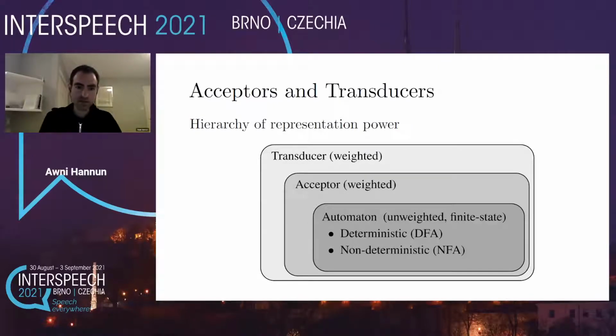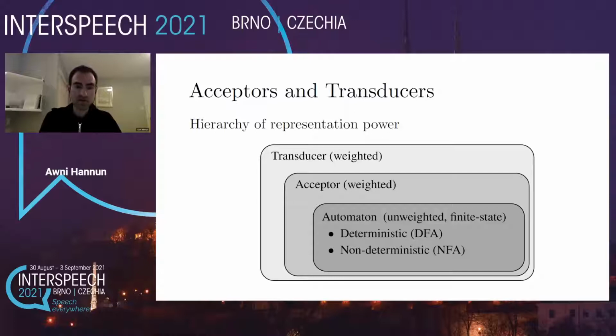So this is a hierarchy of the graphs that we're going to be discussing. This hierarchy is based on representation power. So in the inner square are the graphs which can represent the least general kind of sequences. And these are just generic finite state automata.